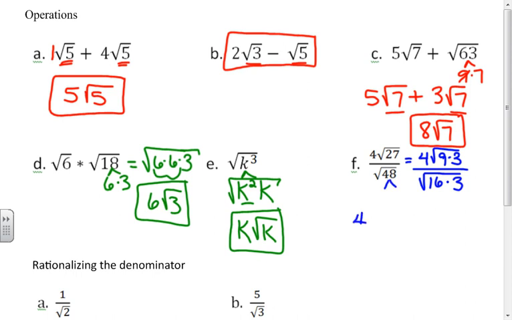And if I clean that up, I have 4 times 3 square roots of 3 over 4 square roots of 3. And this works out nicely for me because the square root of 3 and the square root of 3 cancel, 4 and 4 cancel, and that leaves 3.